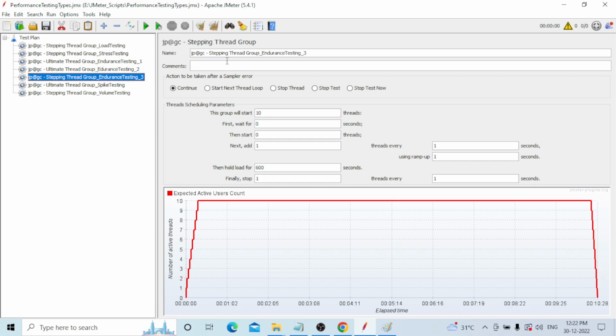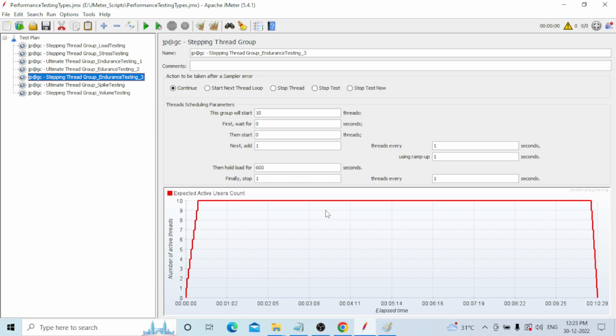I will use the stepping thread group element, and design the endurance testing the same way as the load testing, as it's a longer duration test. Only the duration differs, a total of 10 minutes. This is the way you design endurance testing for expected load.